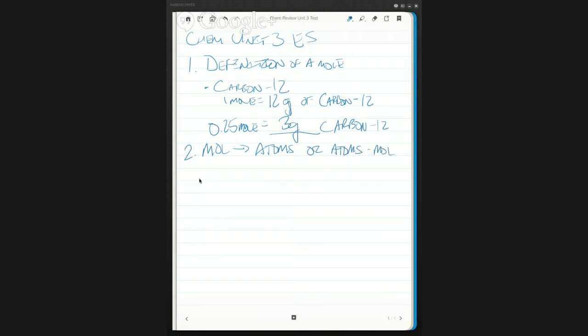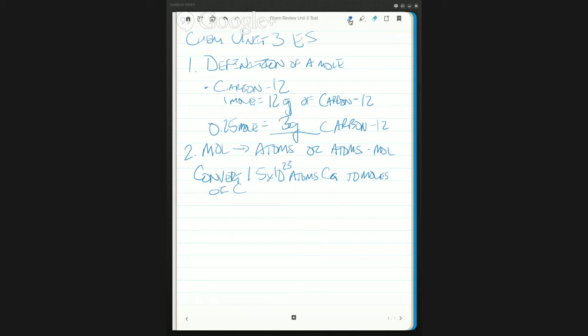Okay, so you're going to get a question that is basically something along the lines of convert 1.5 times 10 to the 23rd atoms of calcium to moles of calcium. It's not capitalized, it's lowercase.